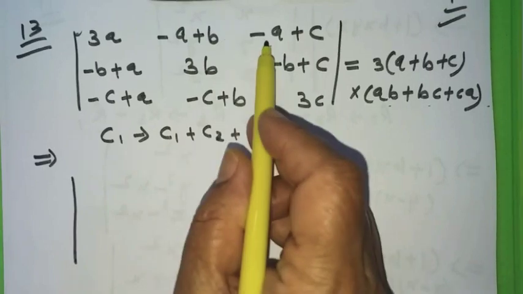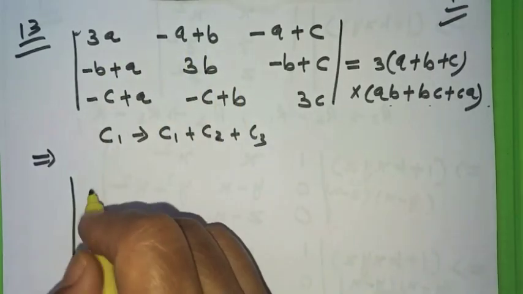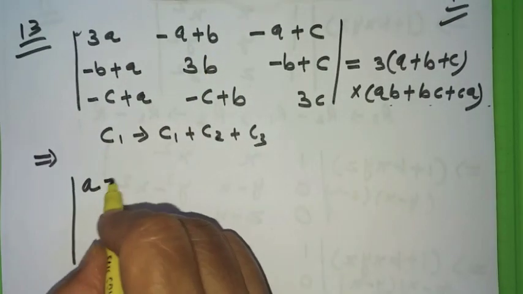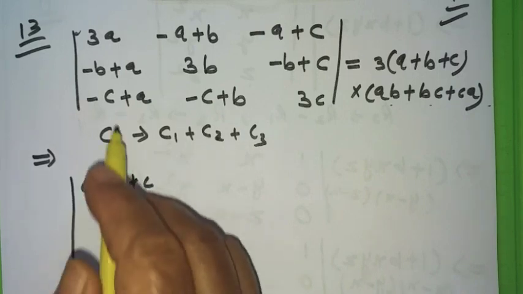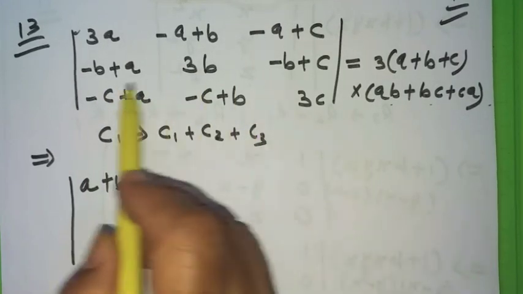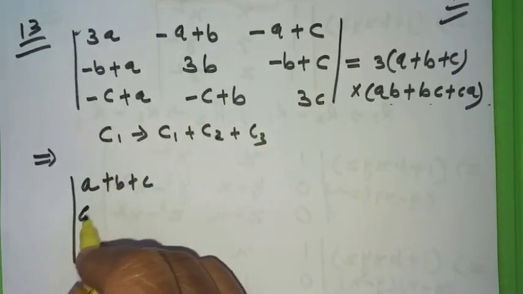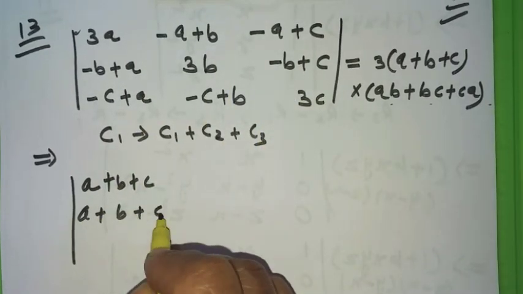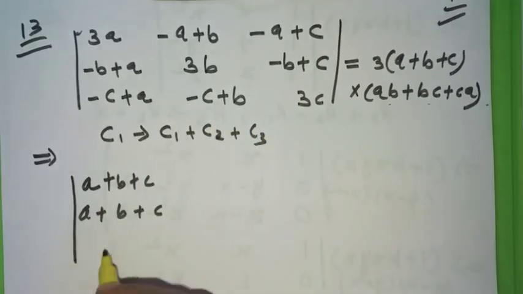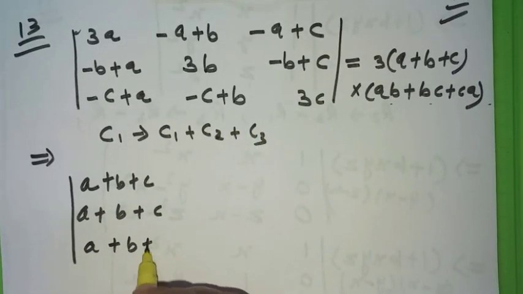3a minus a means 3a minus 2a, that is a, plus b plus c. Similarly 3b minus b minus b, 3b minus 2b is b and a plus c. So again here we get a plus b plus c, and if I add these three terms again here I get a plus b plus c.